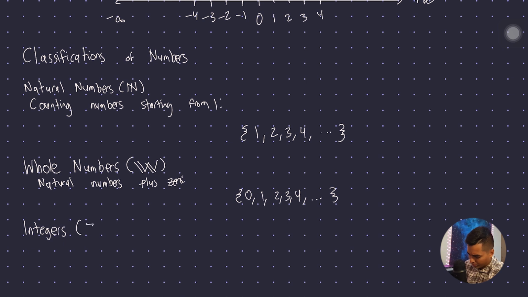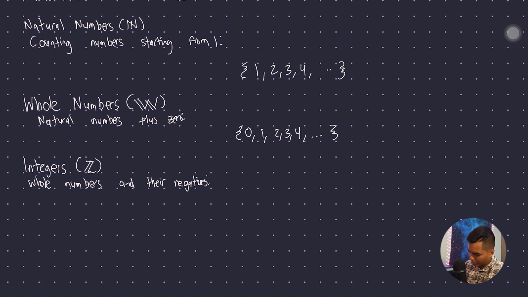Okay, integers are denoted by this funny Z looking symbol here. Okay, and so integers are whole numbers and they're negatives. Okay, so for instance, we have all the way from -infinity, okay, and then we have -3, -2, -1, 0, 1, 2, and 3, all the way up to positive infinity.